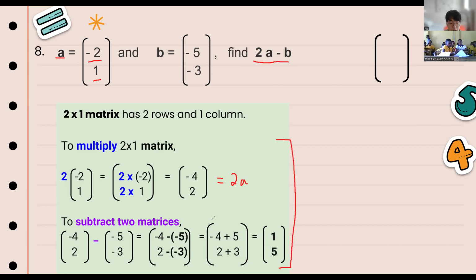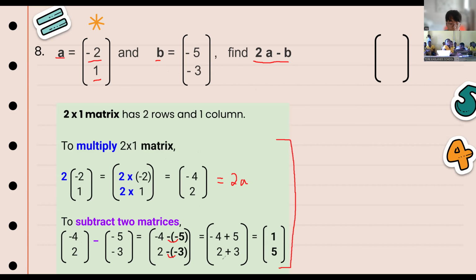And then we can subtract the two matrices. So we get negative 4, 2 minus this B over here, negative 5, negative 3. Since this is negative 4 minus negative 5, if there are two negatives, it becomes positive.